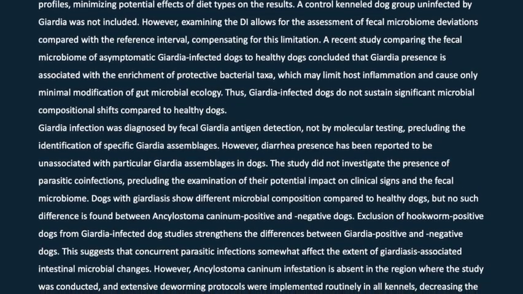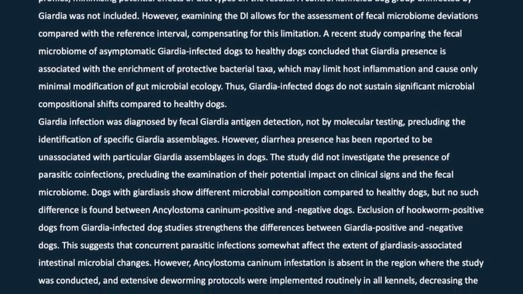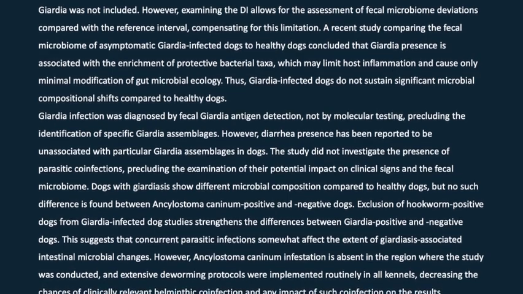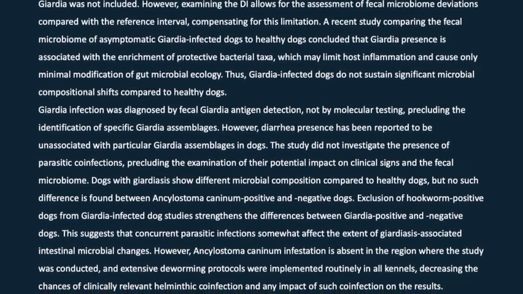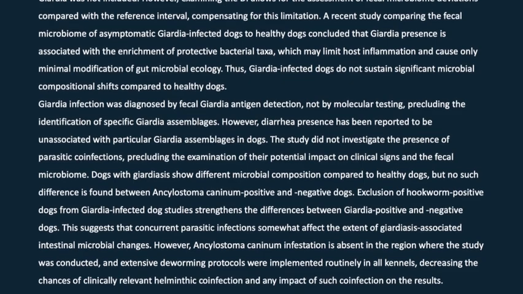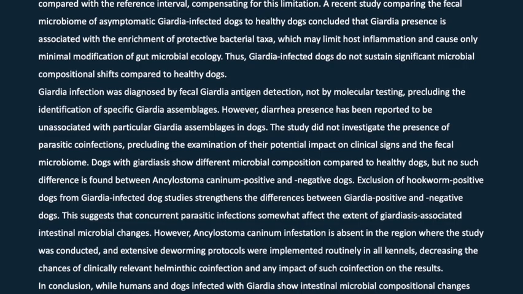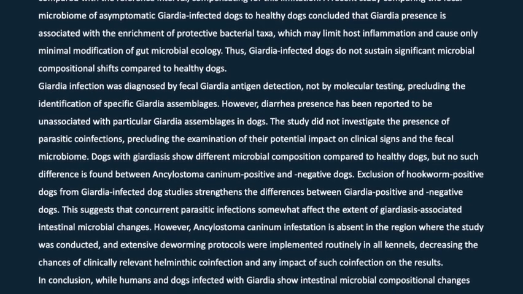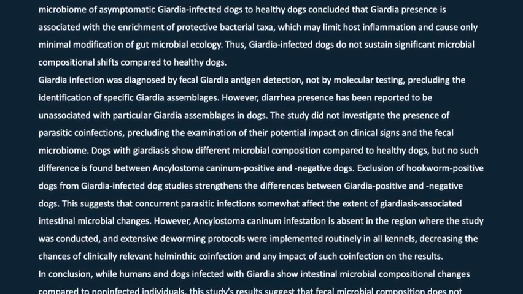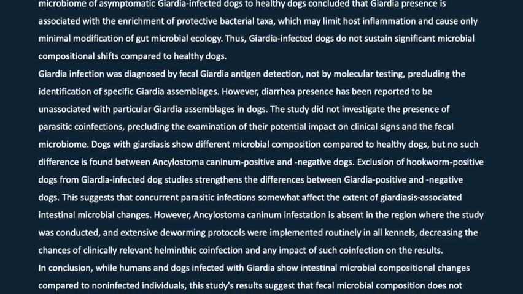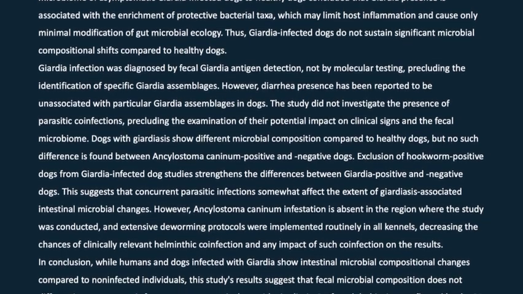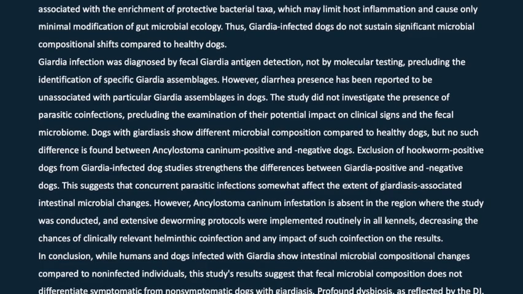Dogs with giardiasis show different microbial composition compared to healthy dogs, but no such difference is found between Ancylostoma caninum positive and negative dogs. Exclusion of hookworm-positive dogs from Giardia-infected dog studies strengthens the differences between Giardia-positive and negative dogs. This suggests that concurrent parasitic infections somewhat affect the extent of giardiasis-associated intestinal microbial changes.